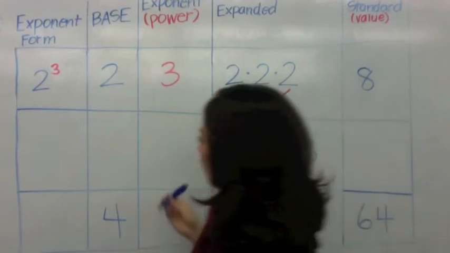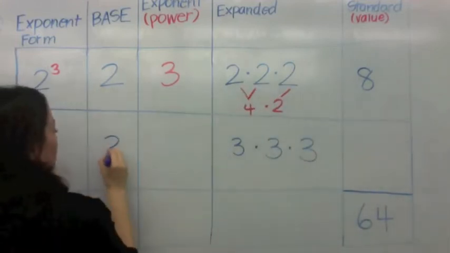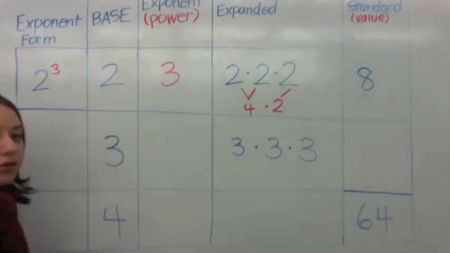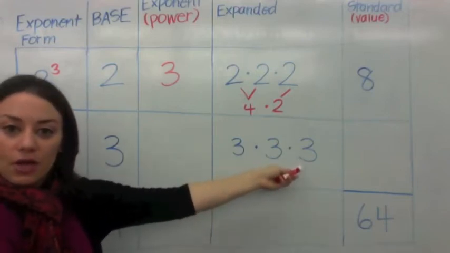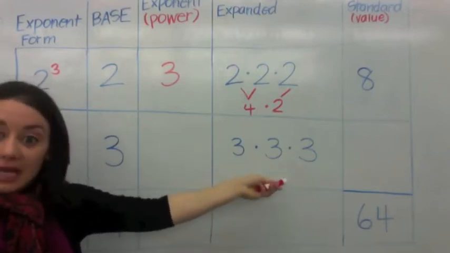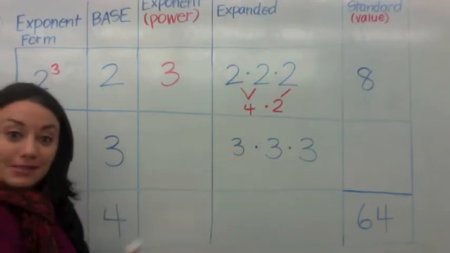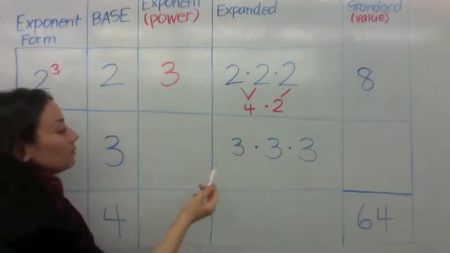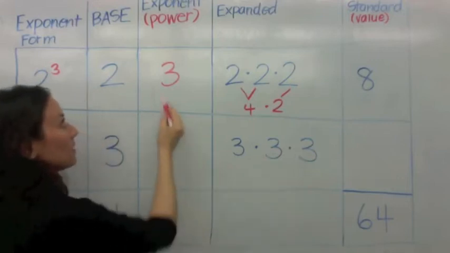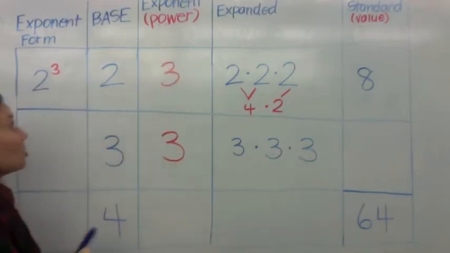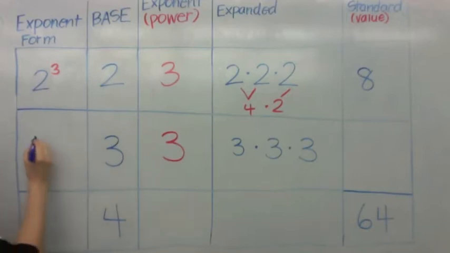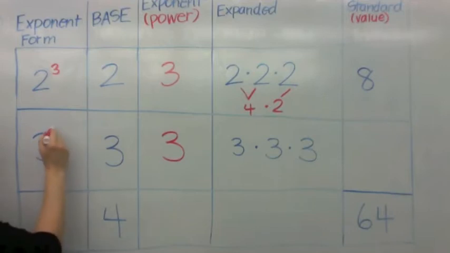So you're working with the number 3, and I'm going to ask you a question. How many 3s do you see here being multiplied together? Okay? You have 3 3s, yes? So because you have 3 of them, the exponent or the power is 3. So in exponent form, we write this as 3 to the power of what? 3. Very good. 3 to the power of 3.